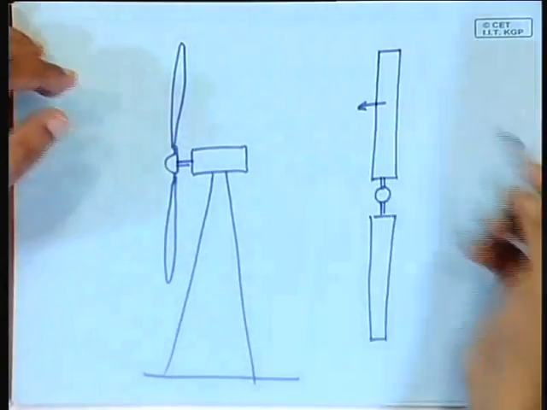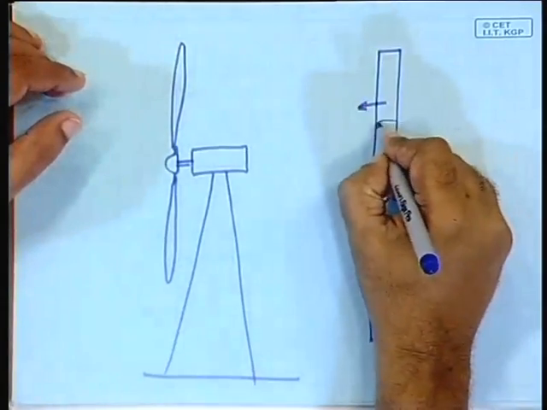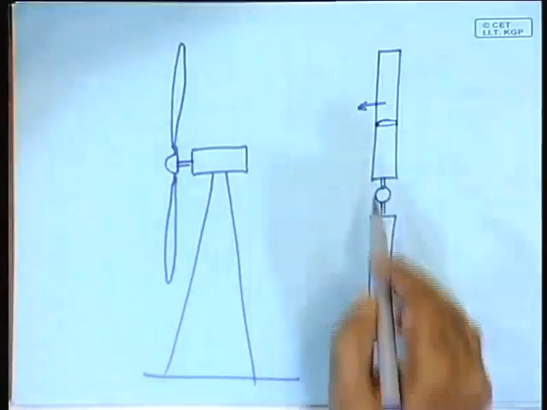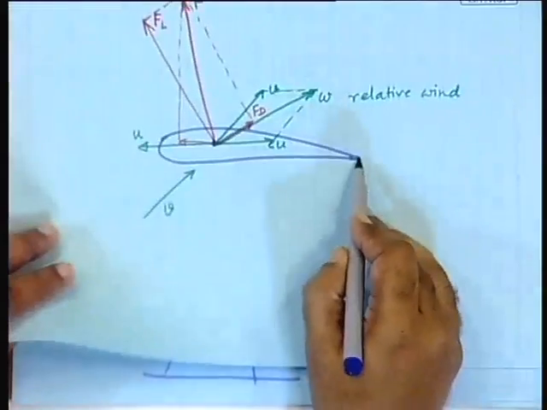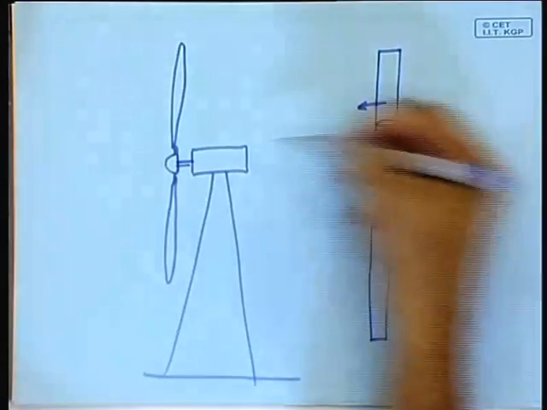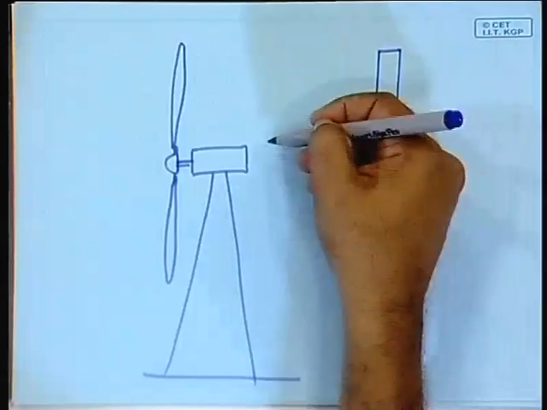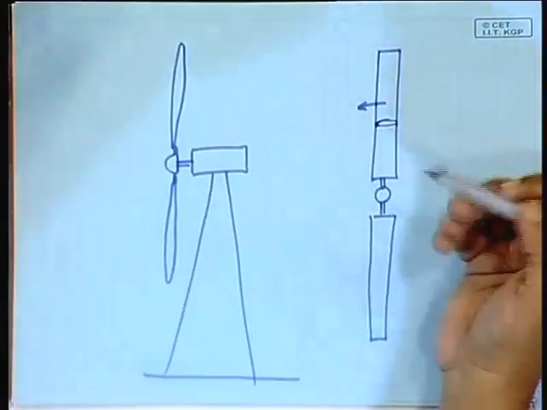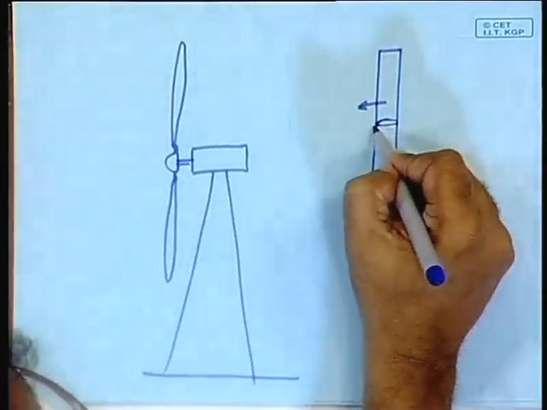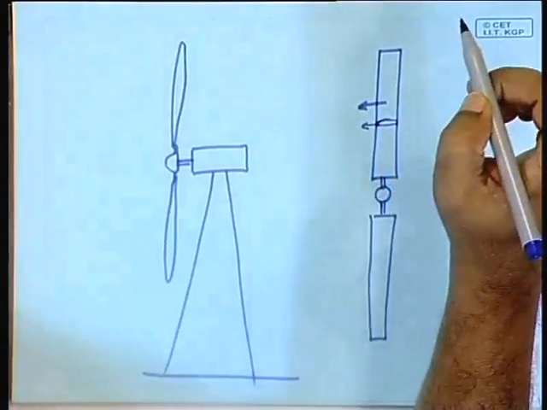How is it oriented? If it is meant to rotate in that direction, then it is like this. Its head is here in this direction, its tail is here in the opposite direction, so that as it moves, it actually moves into the air. Okay. So, as it moves, this becomes your U.